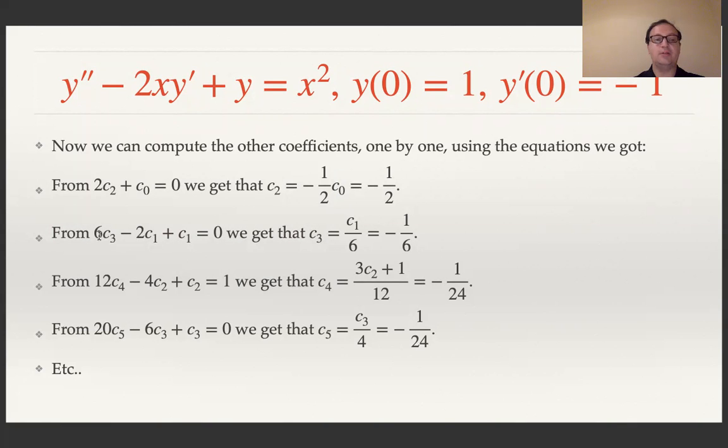Then the second equation was 6C3 minus 2C1 plus C1 is equal to 0. So this means C3 is equal to C1 over 6. And C1 was minus 1, so we get that C3 is minus 1/6. Third equation, 12C4 minus 4C2 plus C2 is equal to 1.